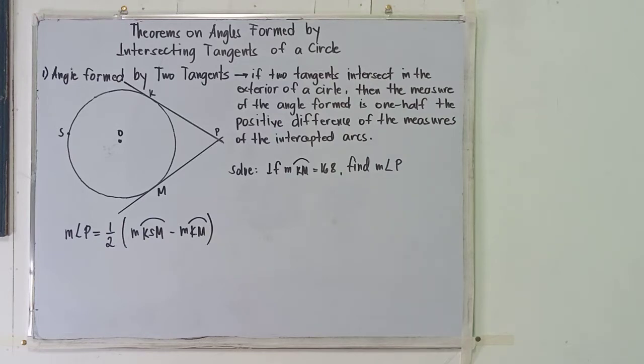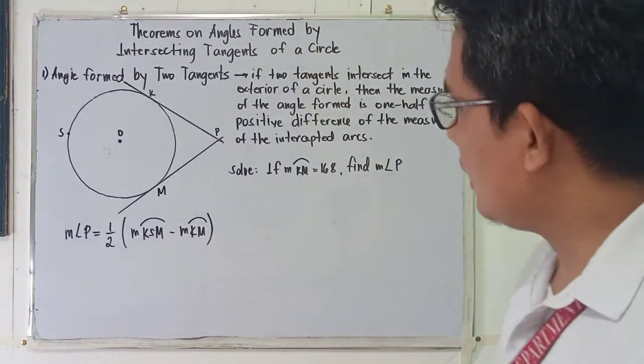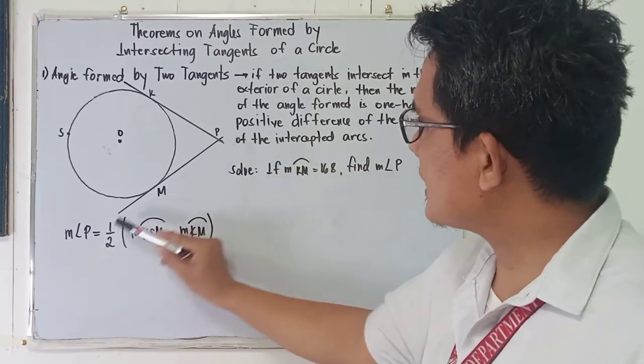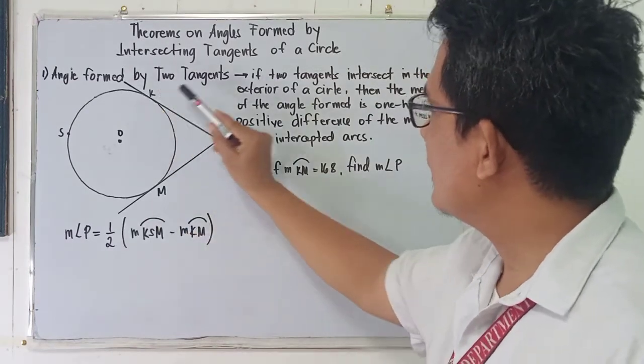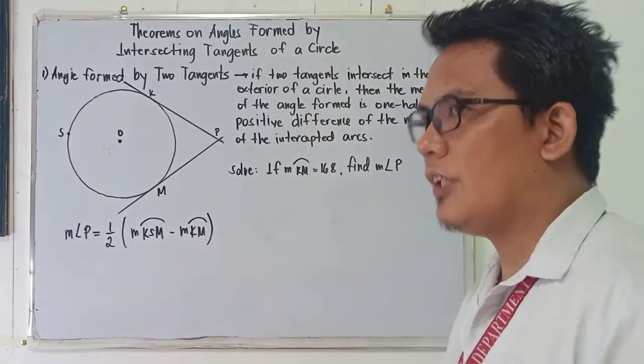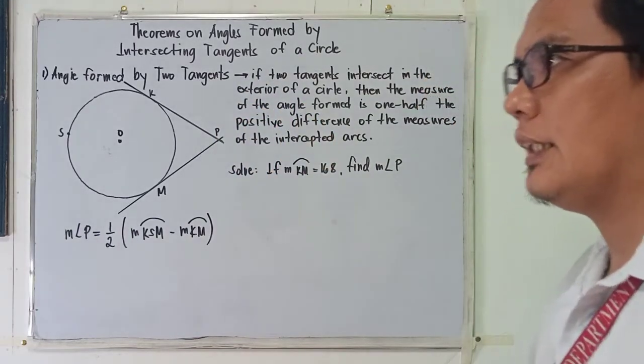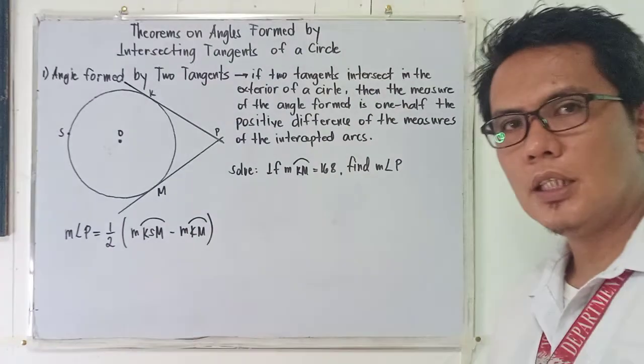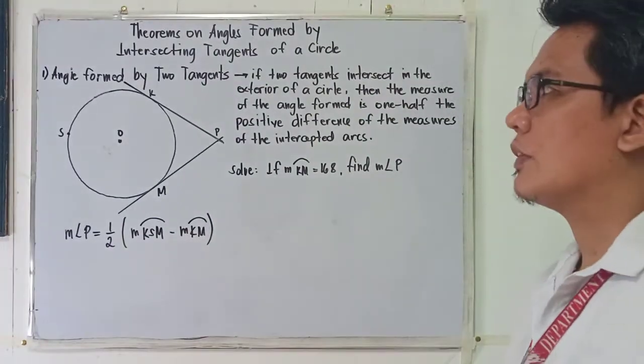So we have here a figure in which this line and this line are called tangent lines. The definition of a tangent line is a line which intersects the circle at one point.